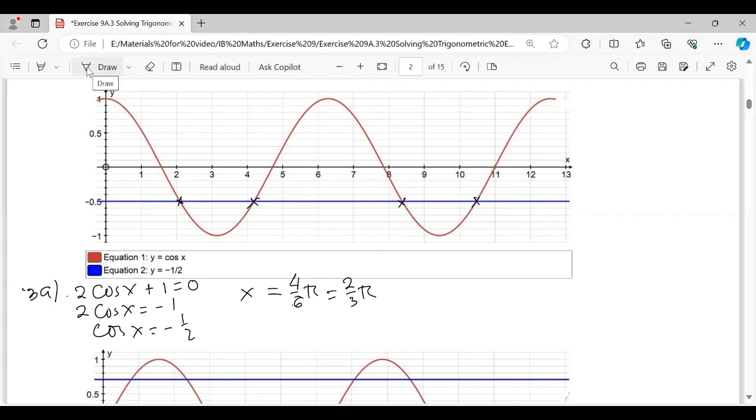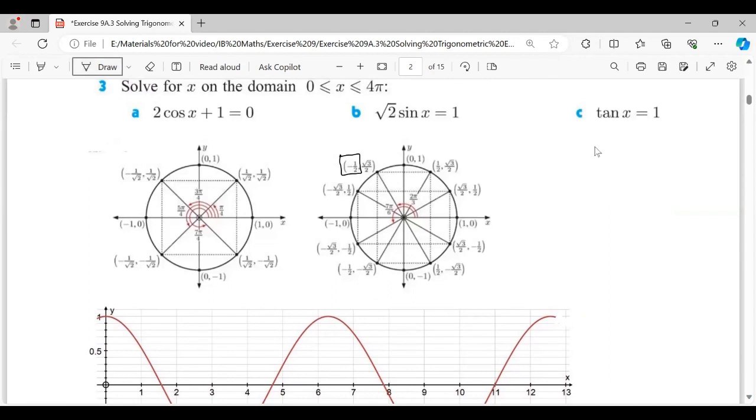The second one is, if negative, this one, 8 over 6 pi.